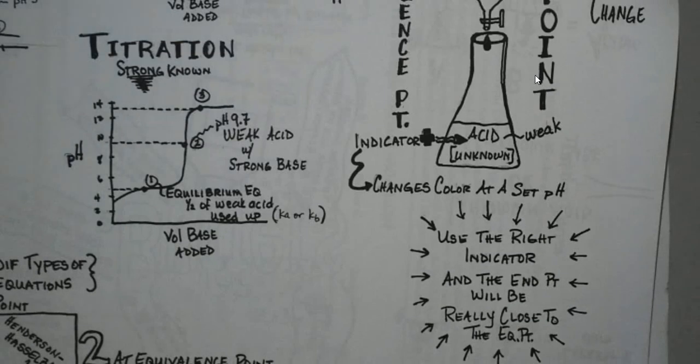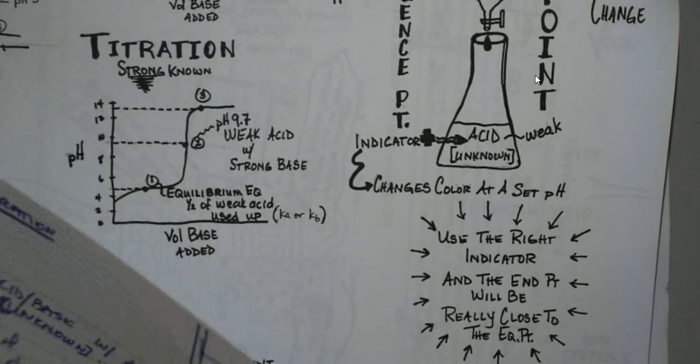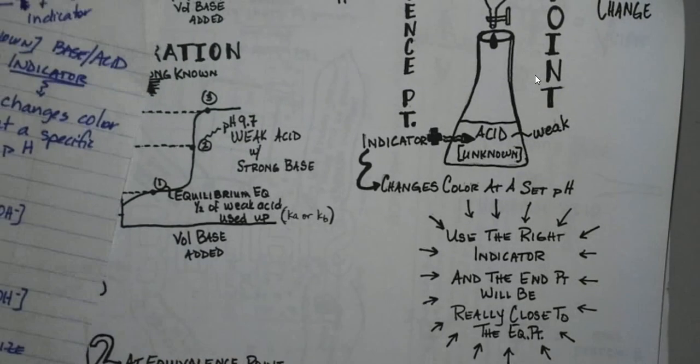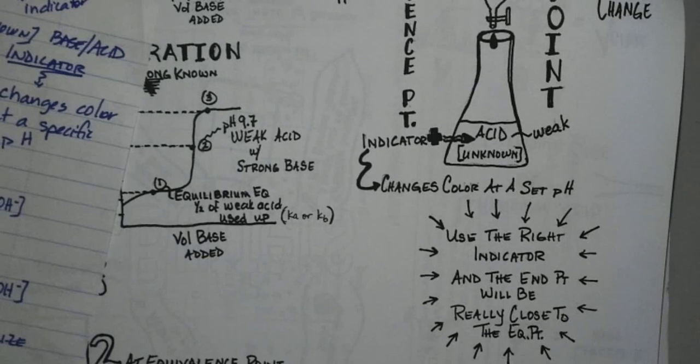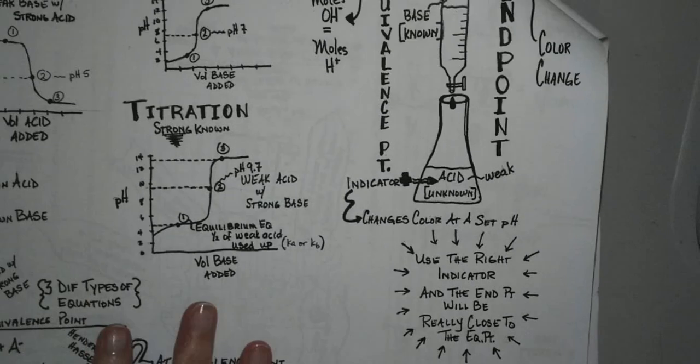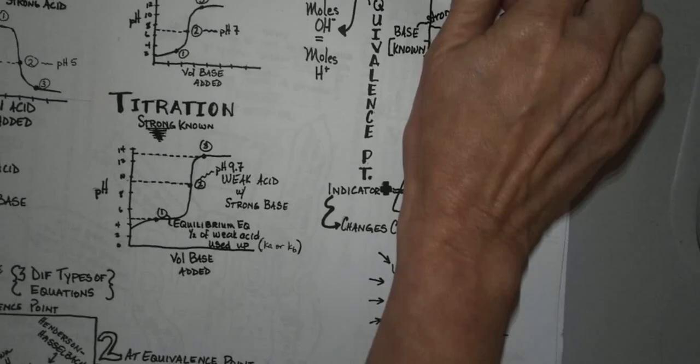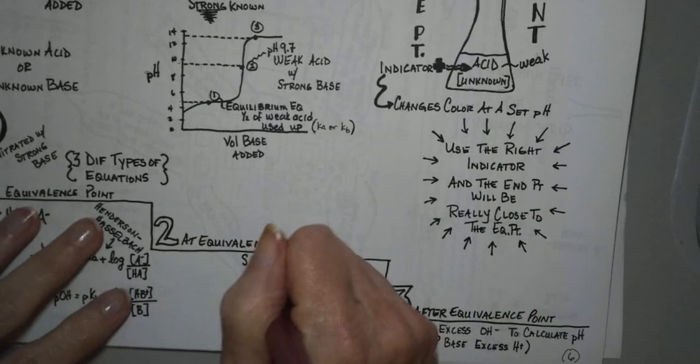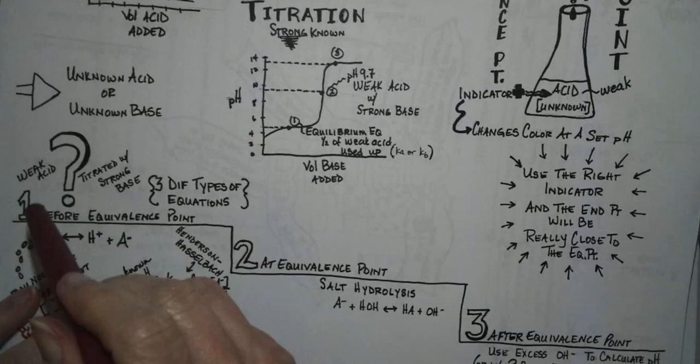This is a mind map that I made for it. So here's the kicker: you need to make sure that you understand what things are going on. On all of these graphs, you have points 1, 2, and 3. Point 1 is before the equivalence point, 2 is at the equivalence point, 3 is after the equivalence point.